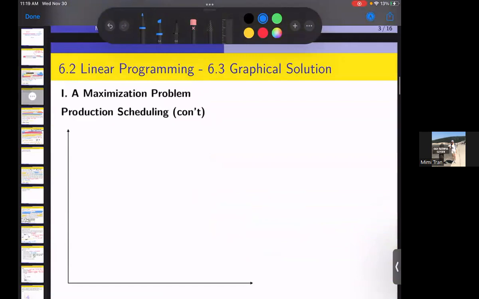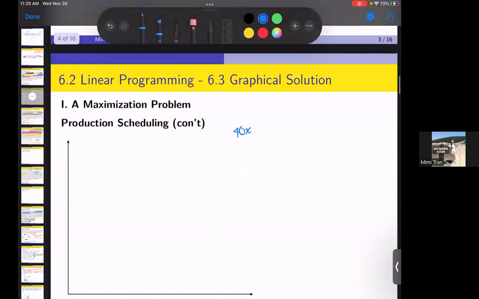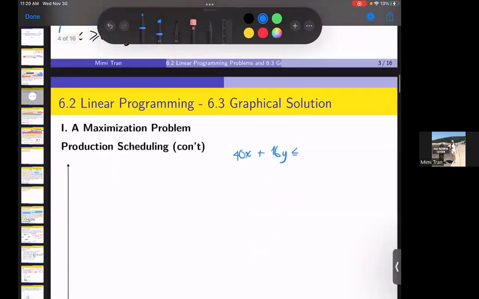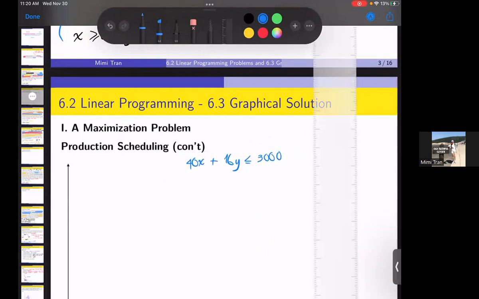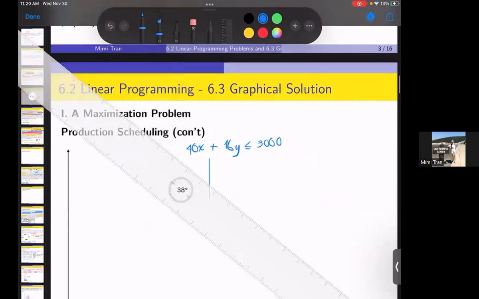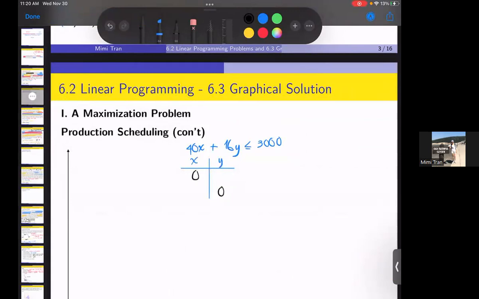So 40x plus 16y less than or equal to 3,000. My best bet is my t-table. And I'm gonna use the x and y intercepts.